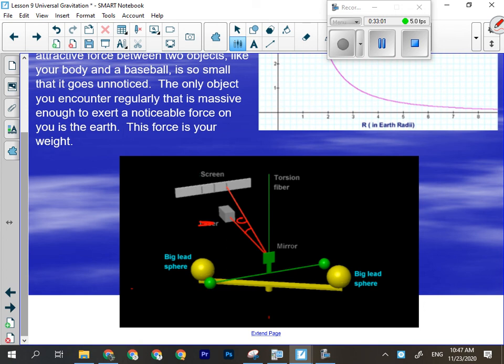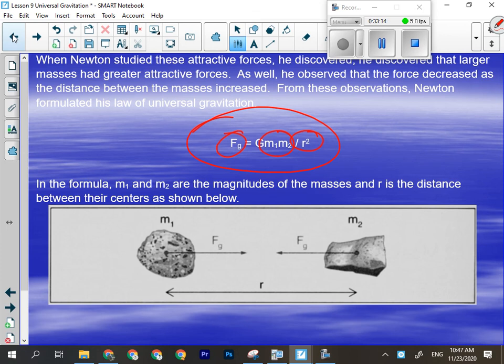Then he used that angle to calculate the amount of force in the torsion fiber, and thus the gravitational force between these two objects. That was important because it allowed him to calculate part of this formula that Newton never could. He was able to measure this. Newton could never do that. As a result, he was able to figure out what the universal gravitational constant was.